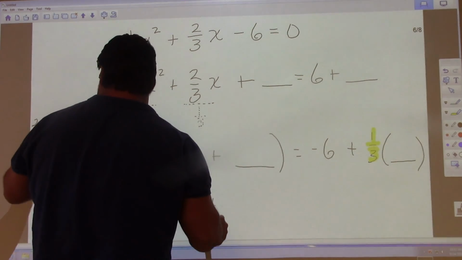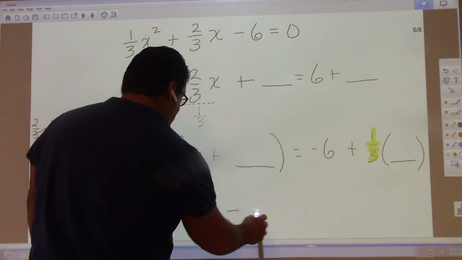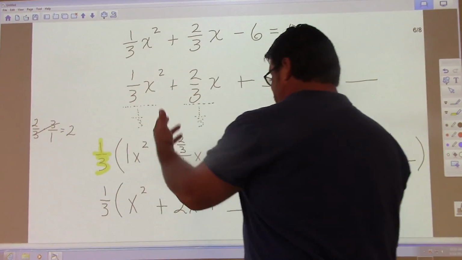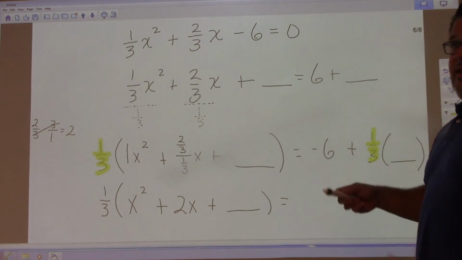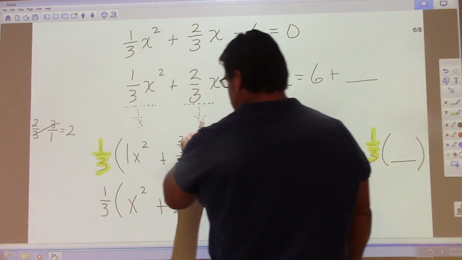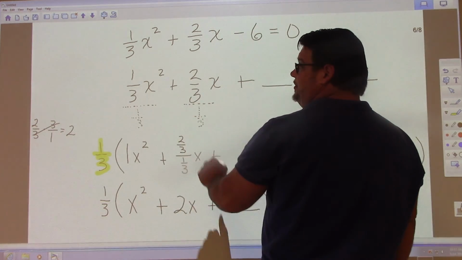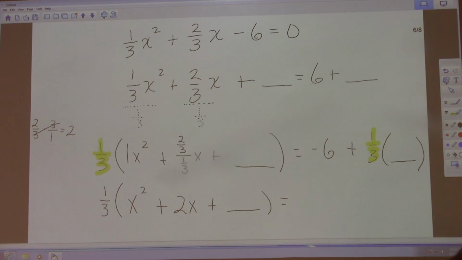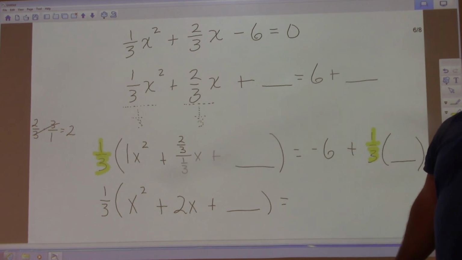They do this and they think they've done it, and they just start getting confused. They just blow up after that. This is not completing the square. This is just factoring. You still got to complete the square after you factor. And you know that because you've done 2 or 3 problems like that.